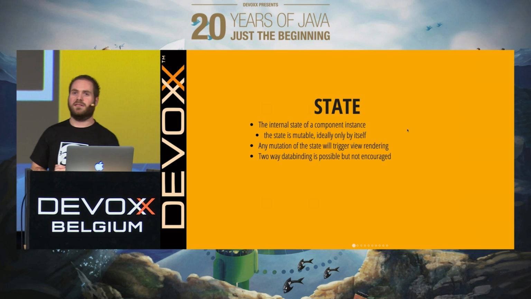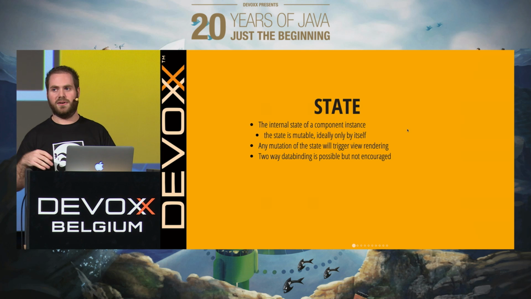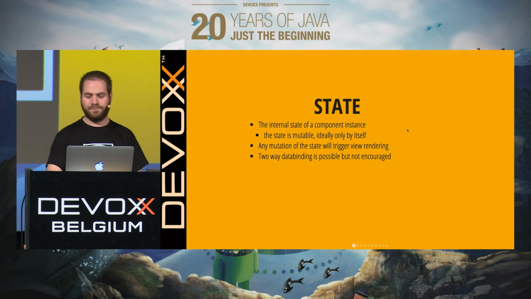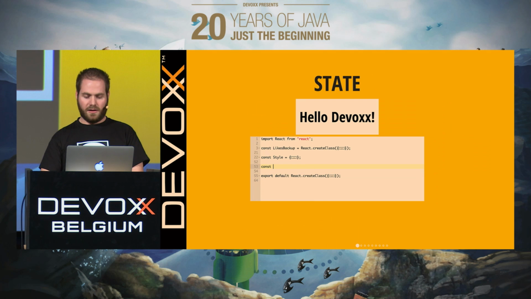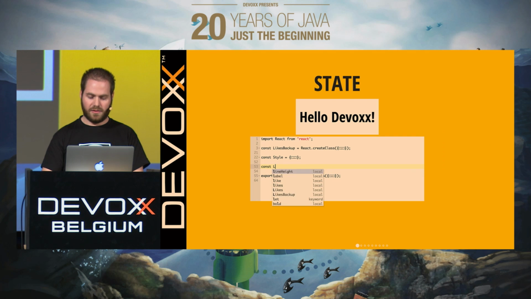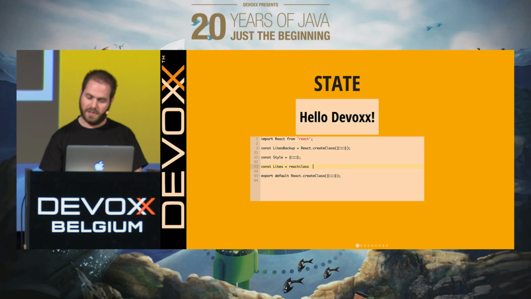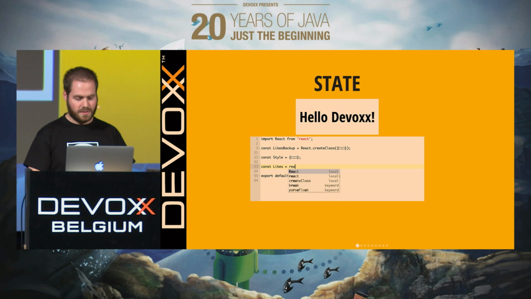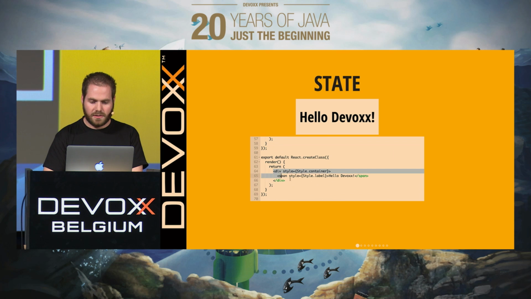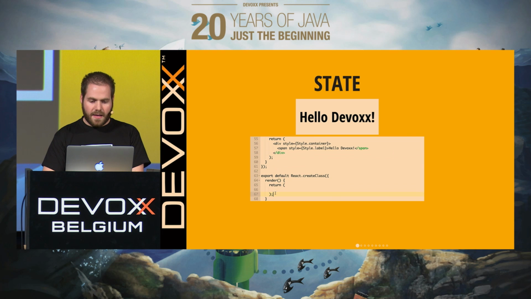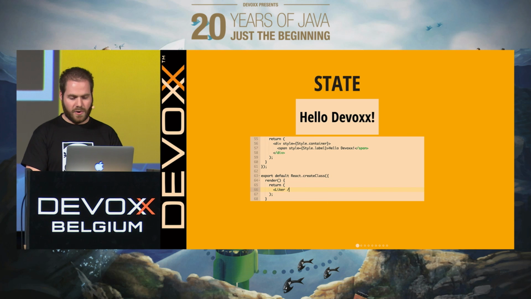And any mutation of the state will trigger a new view rendering and the virtual DOM stuff and the diff stuff, etc., etc. So let's try to build a likes button, like in Google Plus or maybe Facebook. So, copying the ES6 and using it here. Okay.